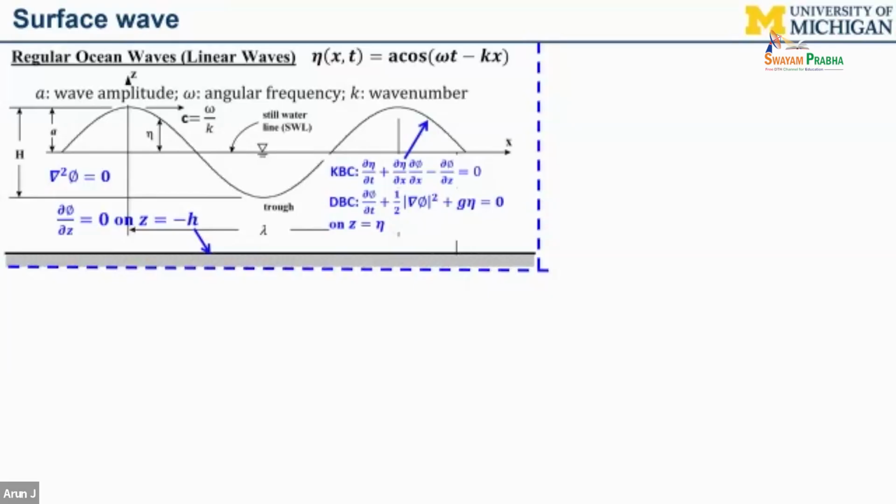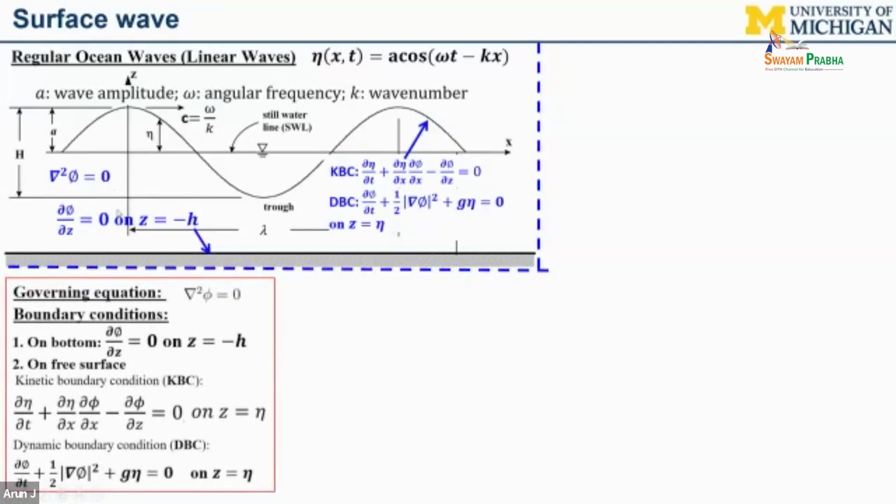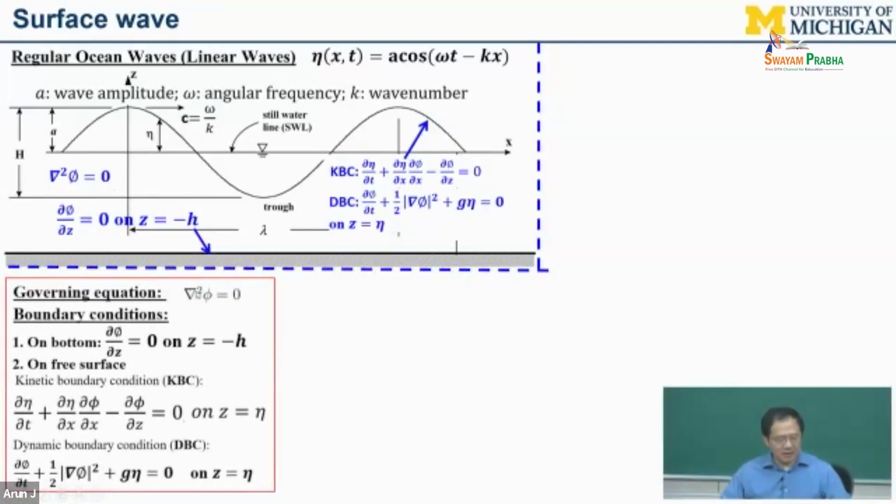It uses potential flow and the Laplace equation. For incompressible flow, the Laplacian of phi, del squared phi, equals 0. Then you will have boundary conditions, and you have different boundary conditions.